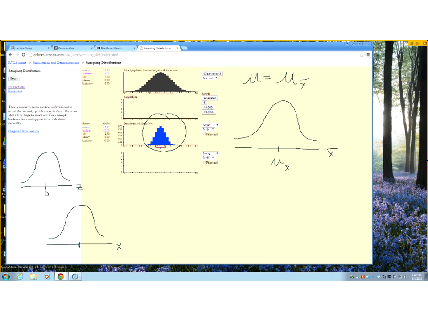If you find the mean of all your sample means, then this is the notation we use. The mean of all your sample means happens to be the same as the mean of your population. So if you select samples of the same size and you look at their distribution, you'll see that that distribution is normal when your population is normal. Okay?